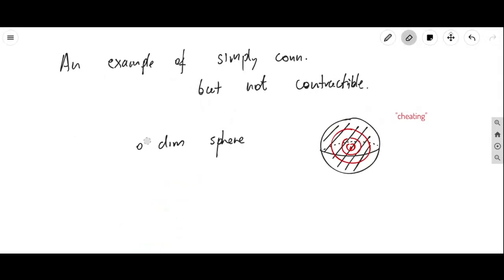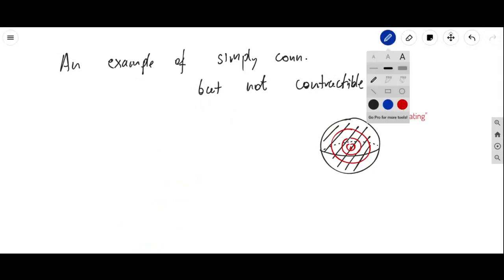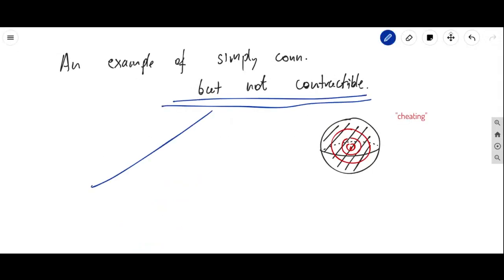Now here's the very funny part. We will be unable to prove this. We will be unable to prove that the two-dimensional sphere is not contractible.